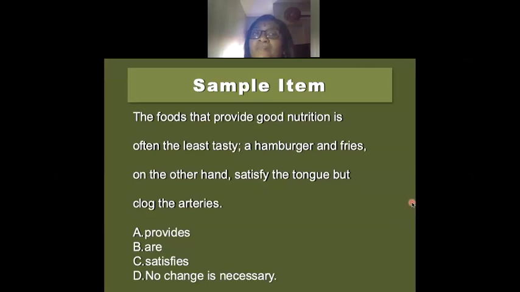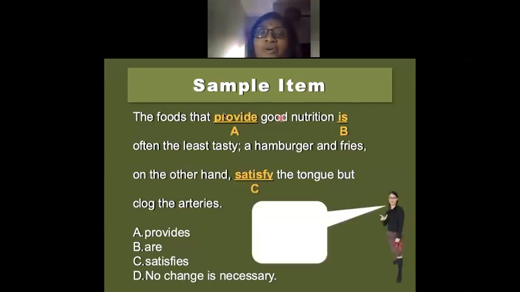The foods that provide good nutrition is often the least tasty. A hamburger and fries, on the other hand, satisfy the tongue but clog the arteries. So here you would realize the subject is foods, and the verb is provide. So what is the problem here? Does the agreement problem happen at provide, is, or are?